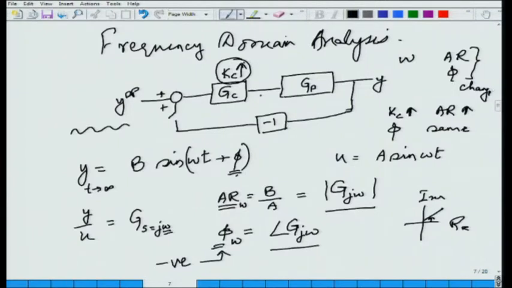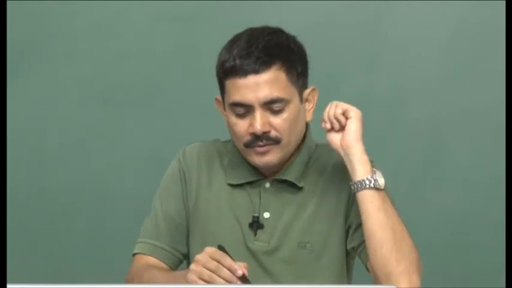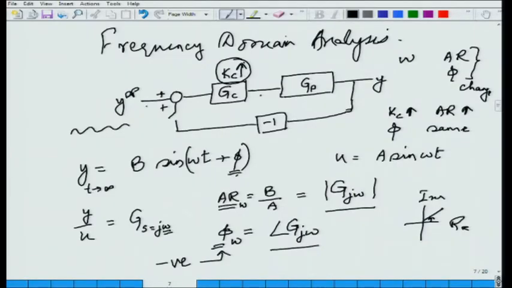Okay. Now, let us say I am changing the frequency, and usually the phase lag is a negative angle. I am changing the frequency of the forcing sine wave, the y set point, and I get that frequency at which the phase is minus 180 degrees.